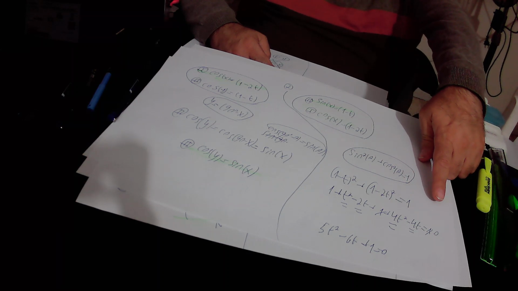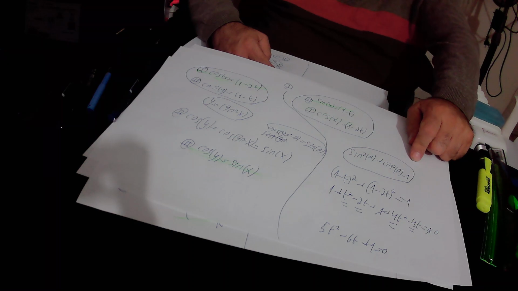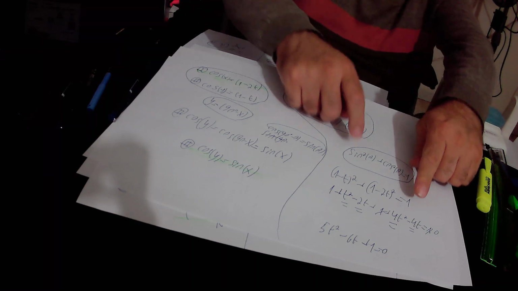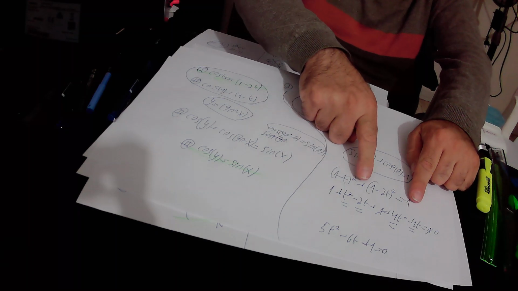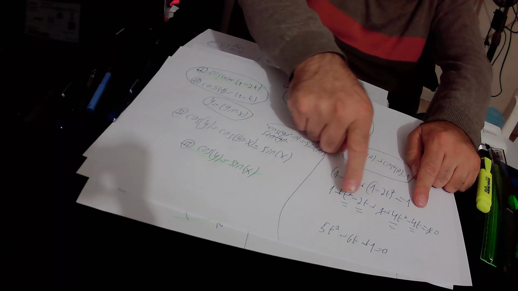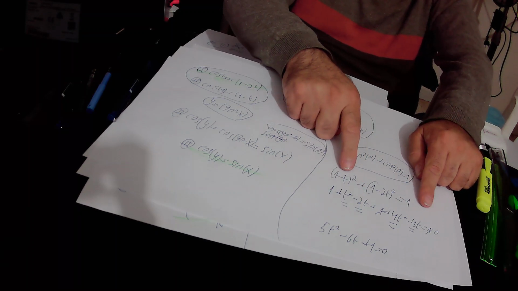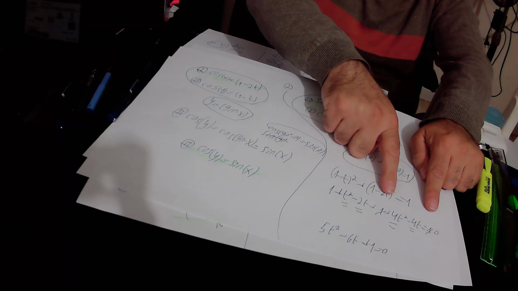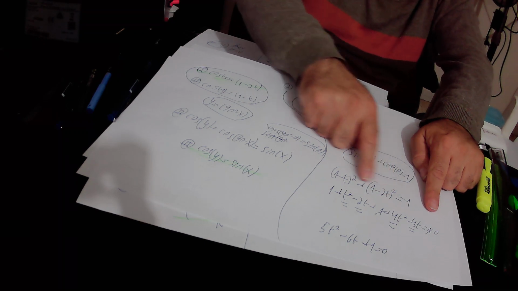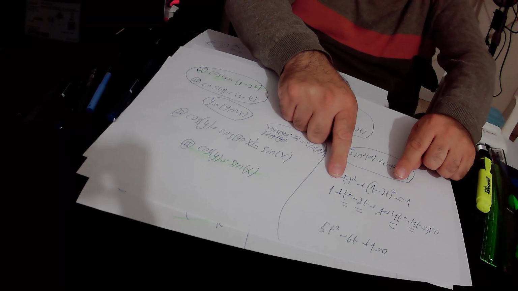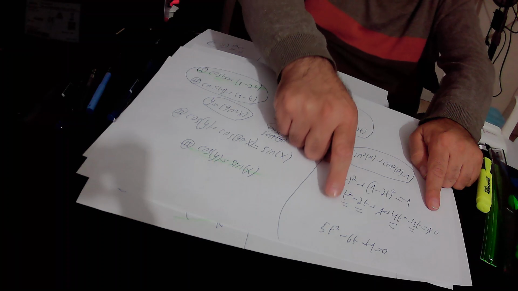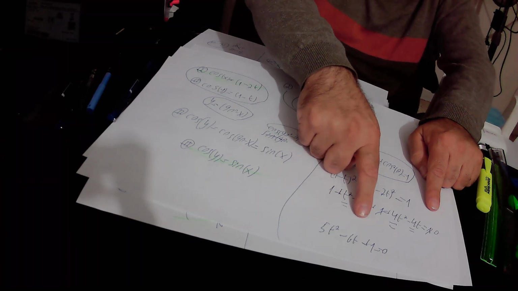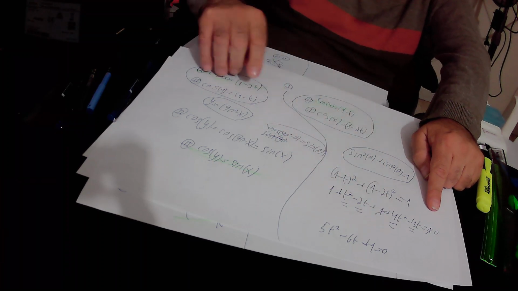Added together, this equals 1. So here we have 4t squared plus t squared equals 5t squared, and minus 2t minus 4t equals minus 6t. Finally, we have 1 on both sides of the equation, so the 1 gets cancelled, and we're left with 1 on this side equal to 0. So in conclusion, 5t squared minus 6t plus 1 equals 0.